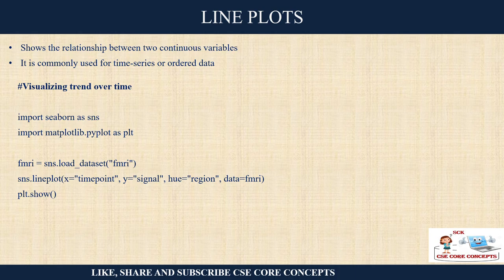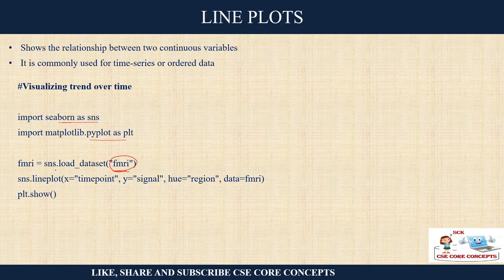Let us see the first plot, showing the relationship between two continuous variables, for example visualizing a trend over time. I will show you an inbuilt data set, the fMRI data set. You first import the Seaborn library and Matplotlib.